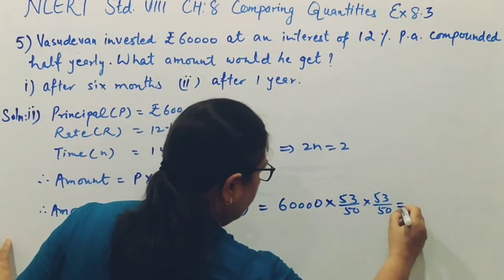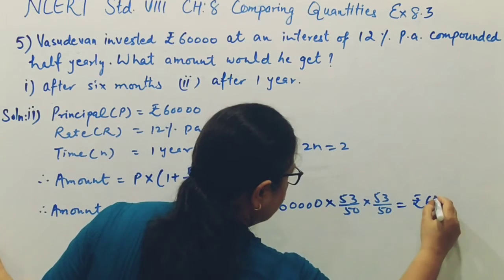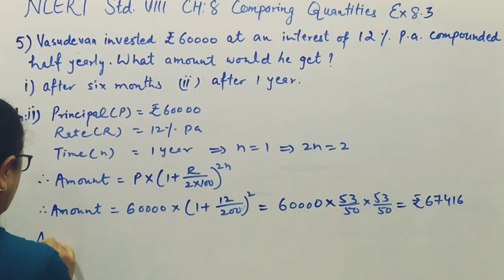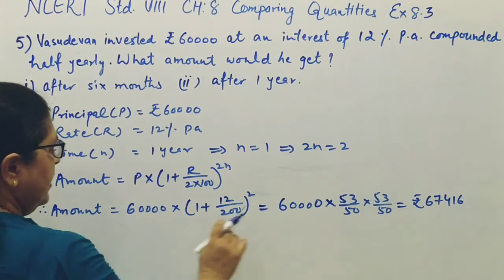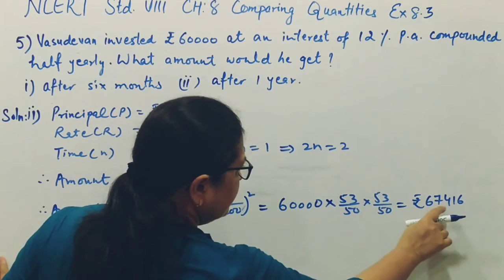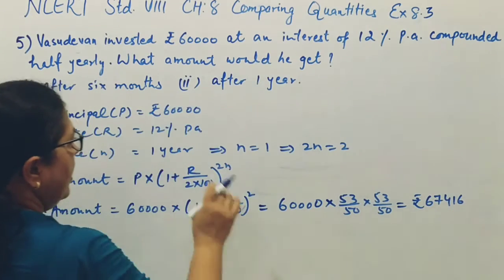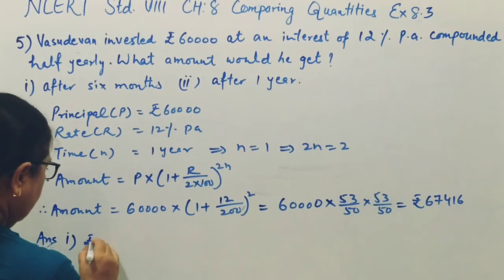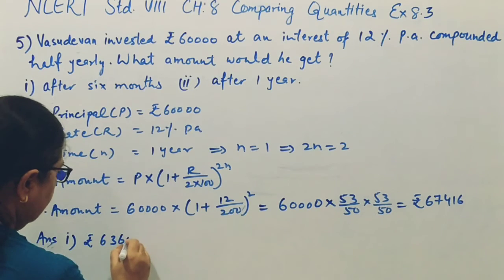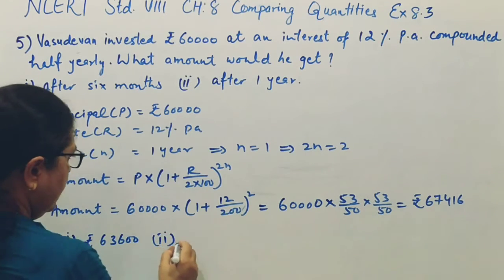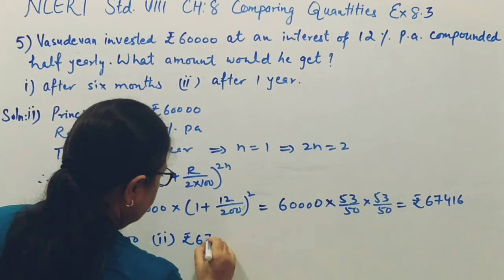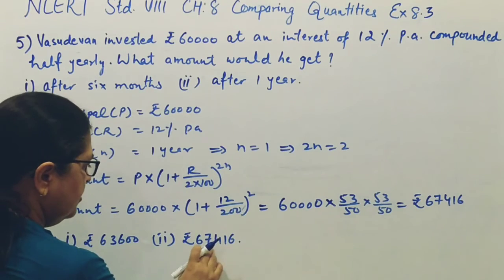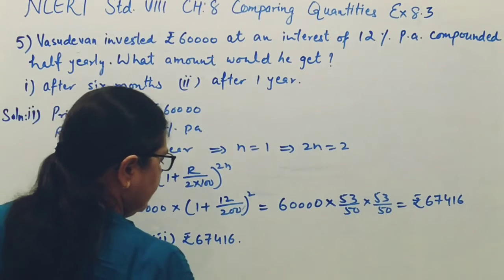After simplification we get rupees 67,416. So he will get rupees 67,416 as amount after 1 year. Therefore, answer of first part is rupees 63,600 and answer of second part is rupees 67,416.